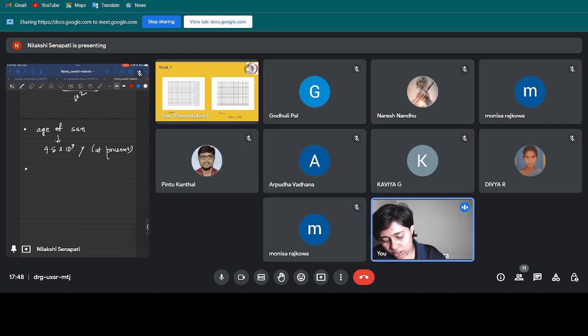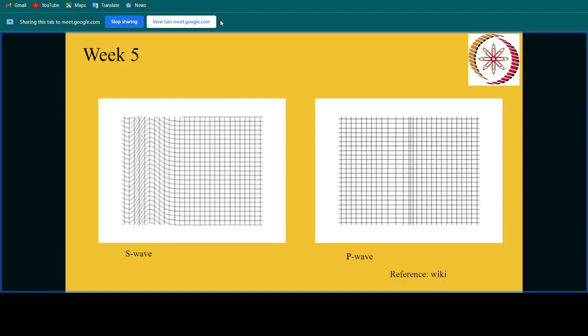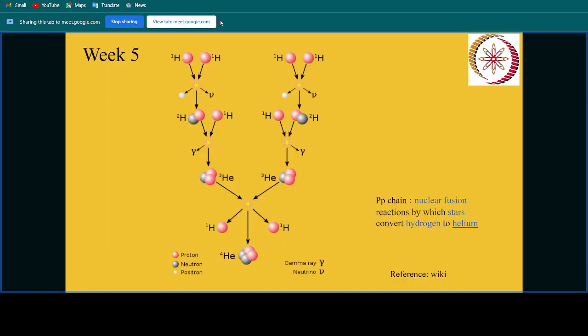Then you have learned about the PP chain and CNO cycle. But let me go through this once. So this is the PP chain. What is the PP chain and what is the CNO cycle? PP chain is a nuclear fusion reaction by which stars convert hydrogen to helium.